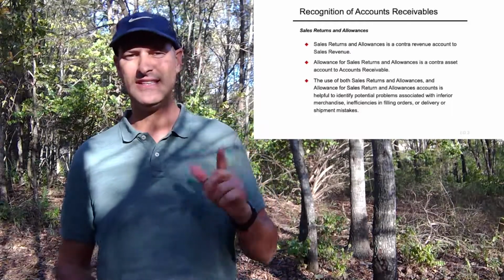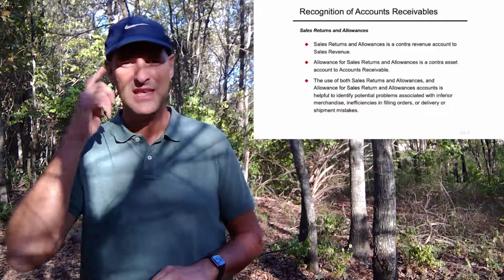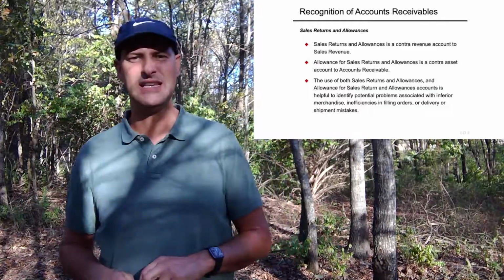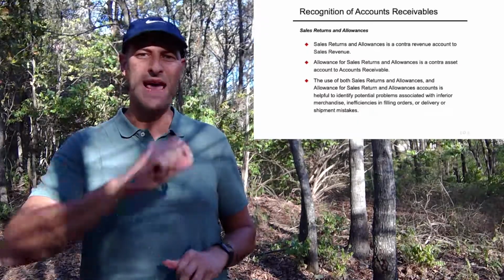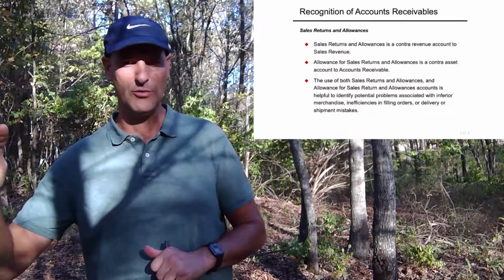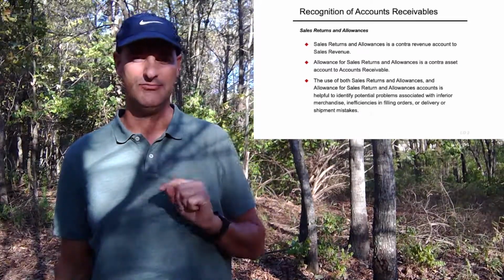So we have the sales returns and allowances. It is a contra revenue account to sales revenue. Allowance for sales returns and allowances is a contra asset account to accounts receivable. So the allowance for that is the receivable side. The sales returns and allowances is the revenue side. So there are two accounts.